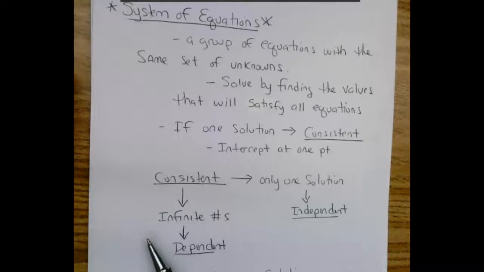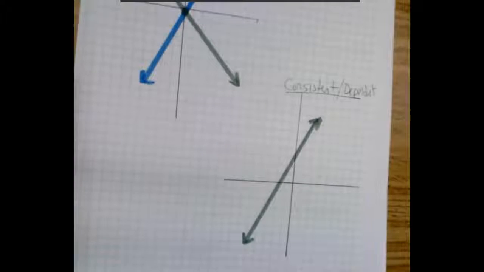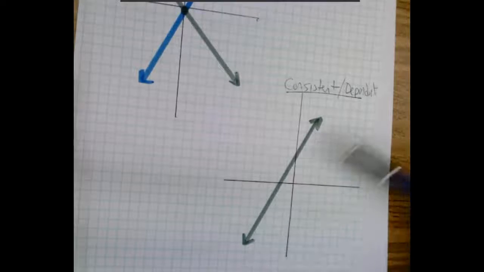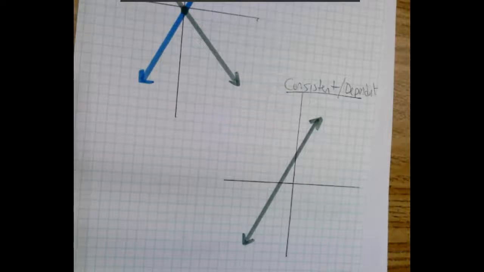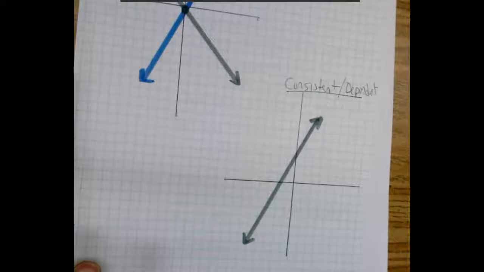When the solutions are infinite, we call that dependent. If we look at a graph of that, it's this bottom one here, and we only see one graph because they're overlapping, so they have an infinite number of answers, and they're the same answer.